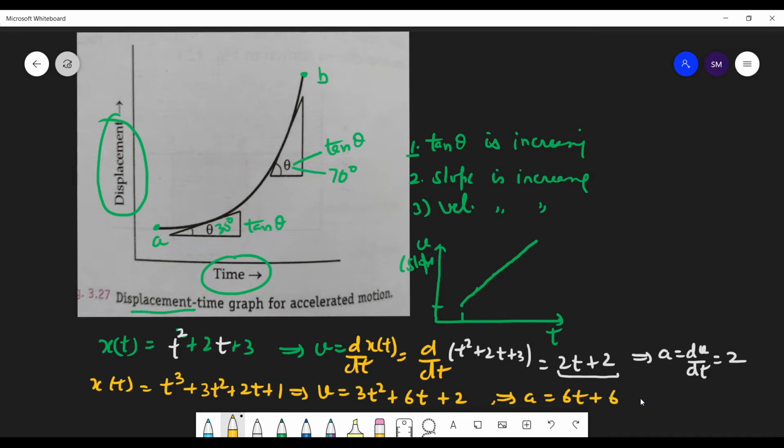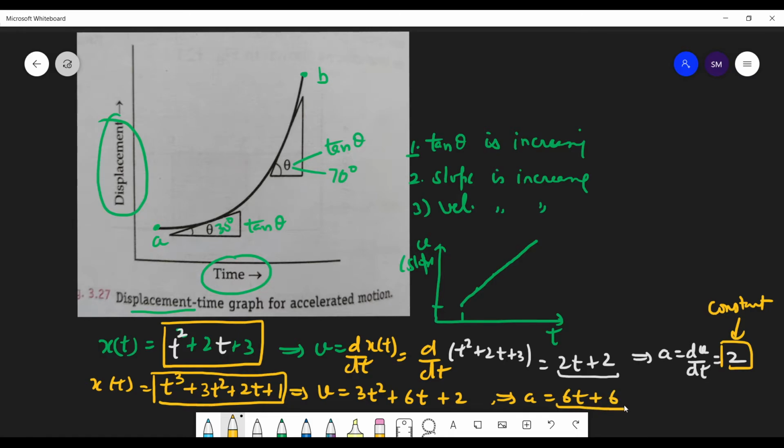Very good. So students, see here, if the degree is 2, you get constant acceleration. If the degree of the graph is 3, then your acceleration is not constant; it's changing. This graph is a linear graph.